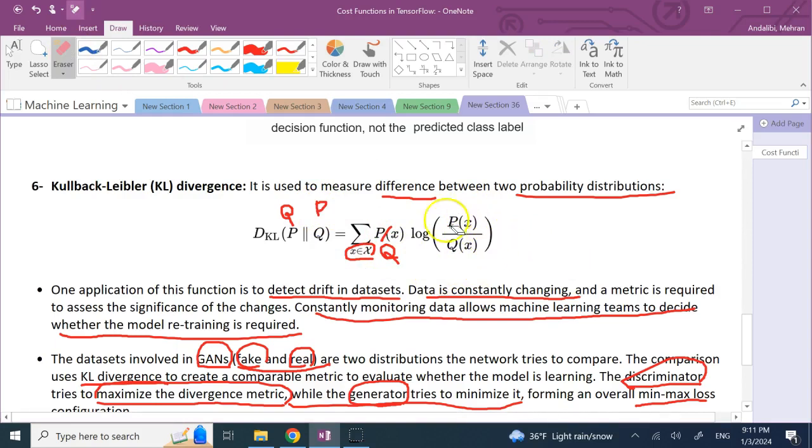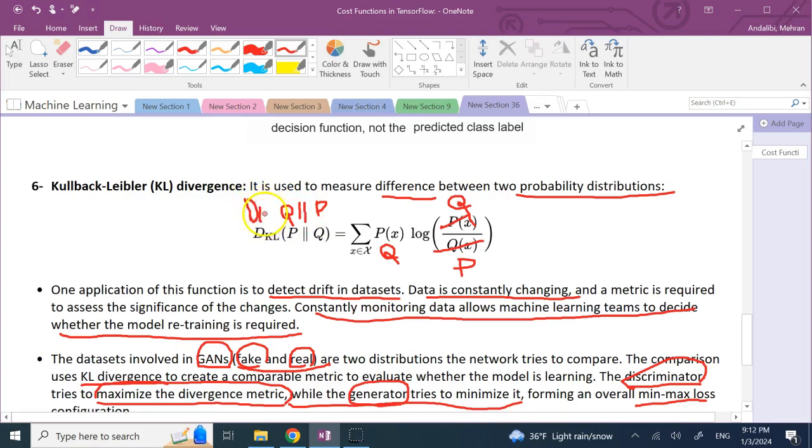The results are not the same. You can show that D_KL(P||Q) and D_KL(Q||P), these are not the same thing. These two are different results.